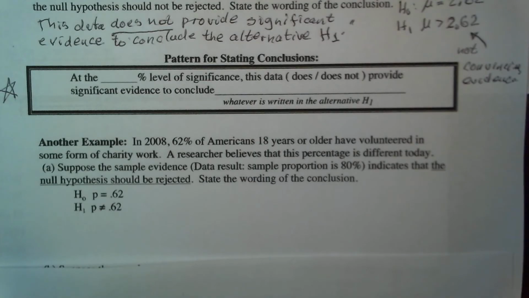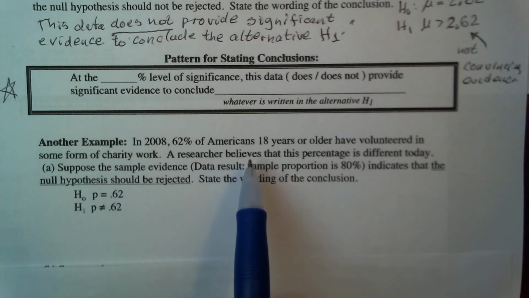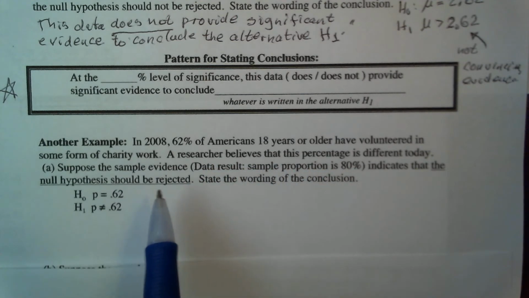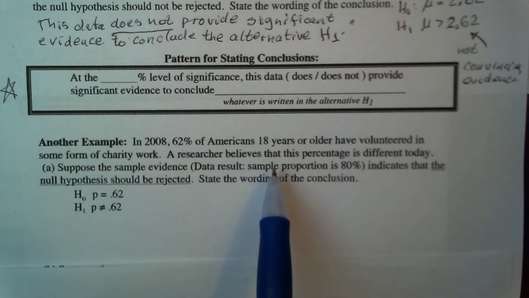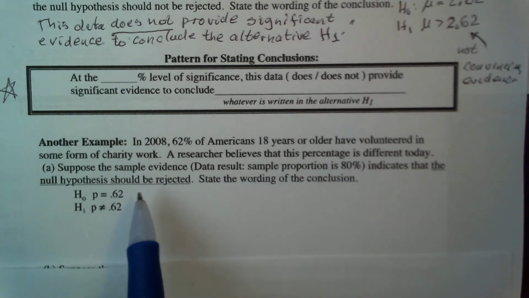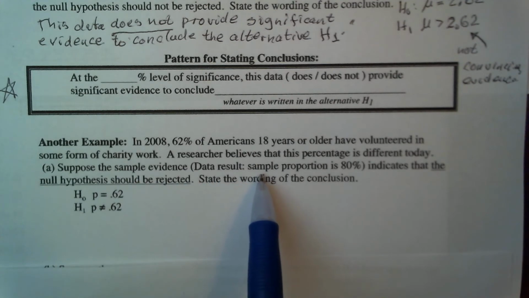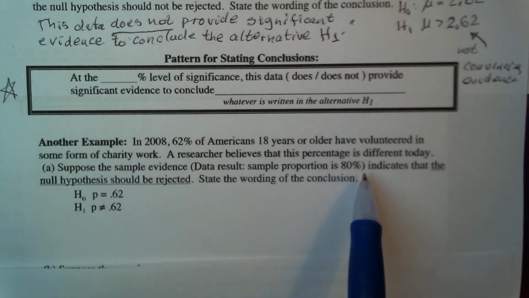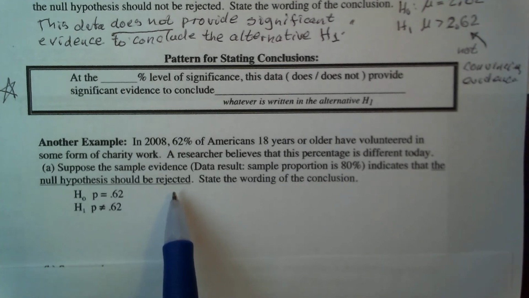Let's go back to a previous example we discussed. In 2008, 62% of Americans 18 years or older have volunteered in some form of charity work. A researcher believes that this percentage is different today. A. Suppose the sample evidence shows a sample proportion of 80%, which indicates that the null hypothesis should be rejected.